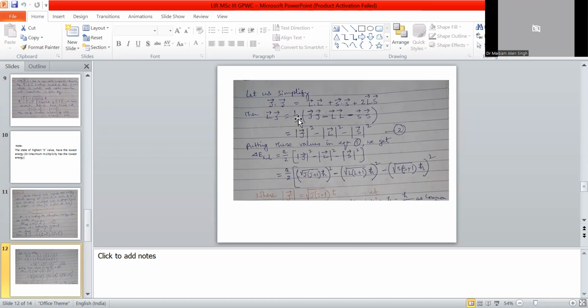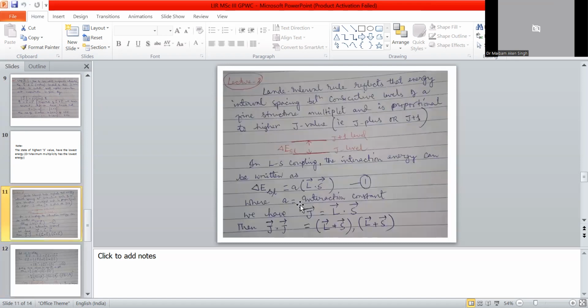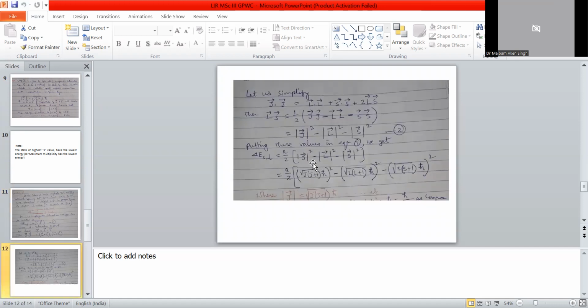That is, we can write L dot S as half of J vector square minus L vector square minus S vector square. We call this equation 2. Putting this value in equation 1, let us remember this is equation 1.